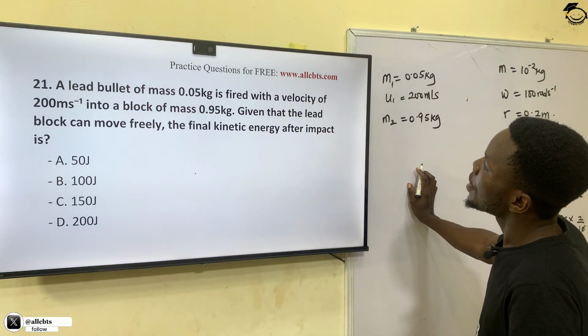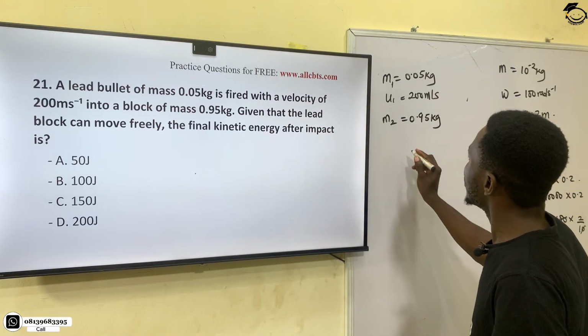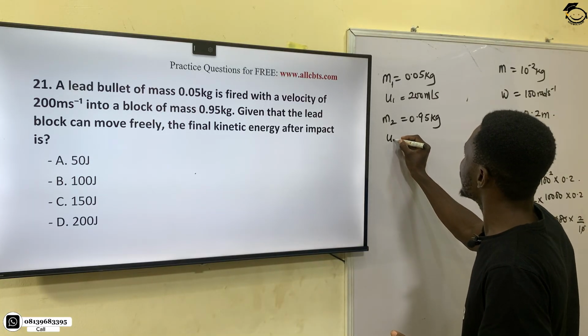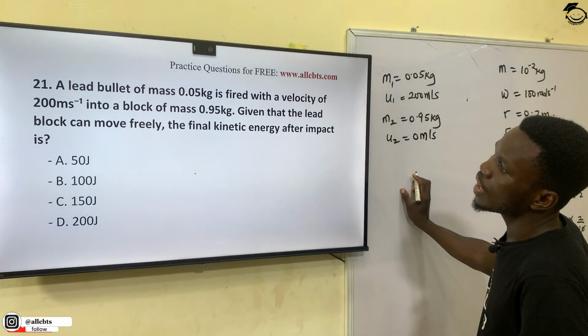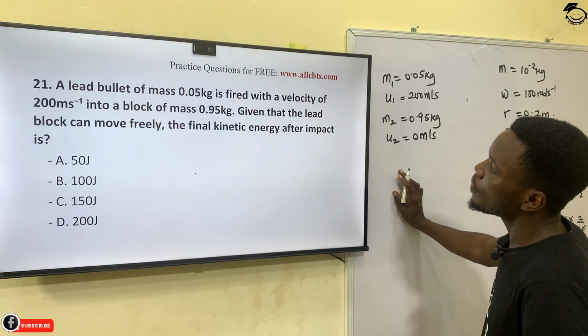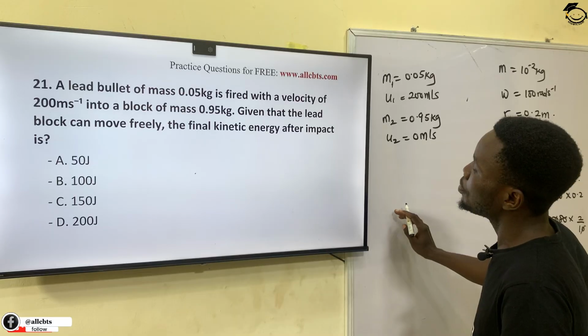Given that the lead block can move freely, initially it could not move, so my U2 here was 0 meters per second. Given that the block can move freely, the final kinetic energy after impact is dash.